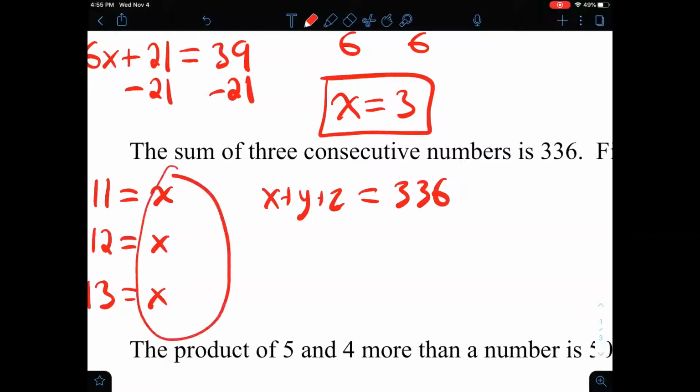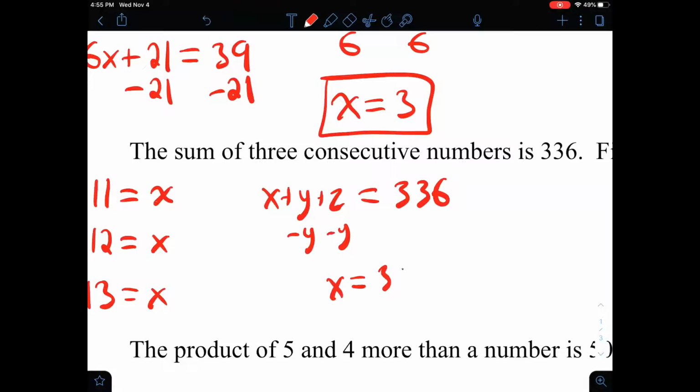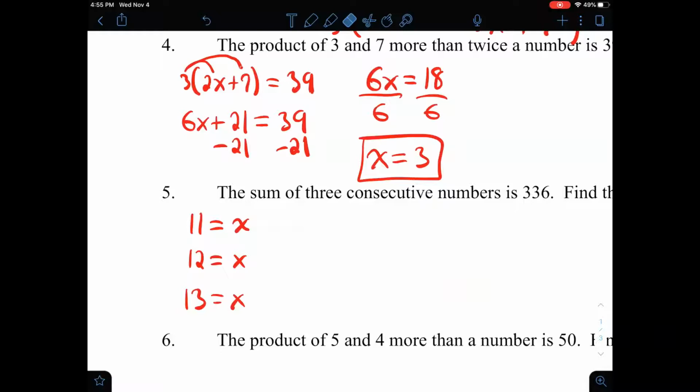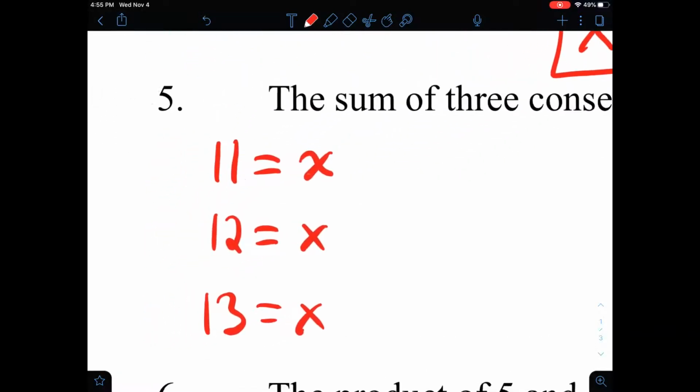So by comparing them all using x, we make it easier to solve. Even if you solve for x here, you subtract y, subtract z, you're going to get x equals 336 minus y minus z. Well, what does that even mean? That's not a number. That's just nonsense. You know what I mean? That's kind of why we're doing this. We could call them x, y, and z, but it's better to just call them all some form of x.